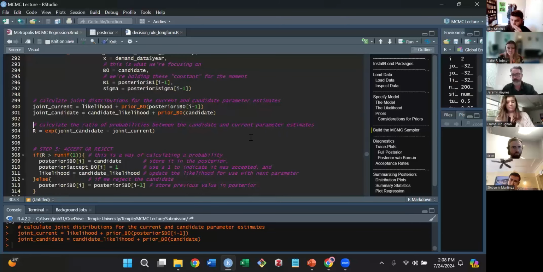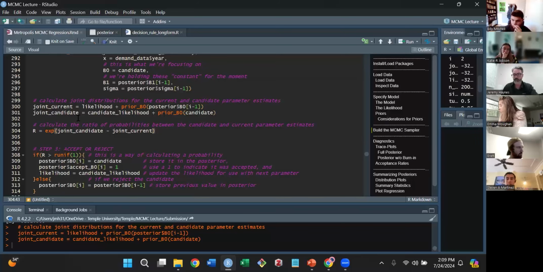And then we need to calculate our ratio of probabilities. Remember, we do this by calculating the probability of the candidate divided by the current or previous value in the sample. With the log scale, we're going to subtract these log probabilities and then exponentiate that.